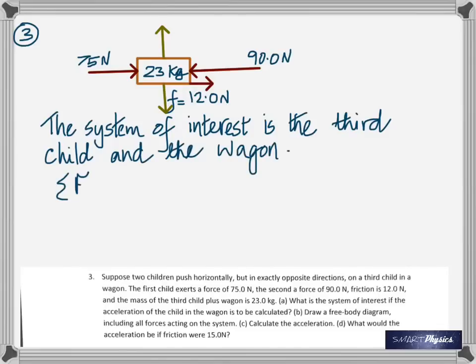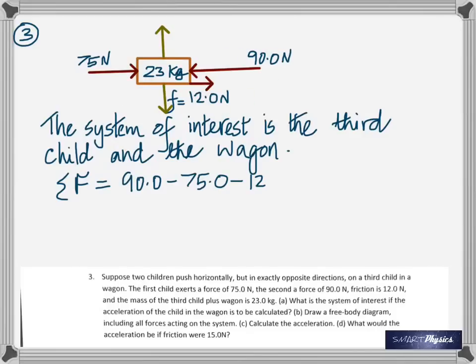Part A says, what is the system of interest? Isn't that part A? That's why I wrote that. And the net force, we only take the forces along the x-axis. We don't mix them up. Remember that. So if you're looking at the x, you only look at the forces along the x-axis. How many forces do we have along the x-axis? 1, 2, 3. That's all.